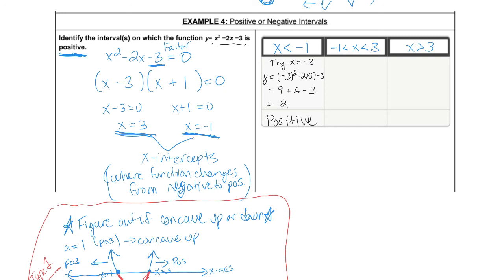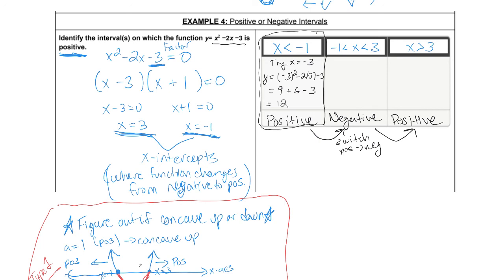And we know because it's a quadratic, each time it's going to switch from positive to negative. So our next interval is going to be negative, and then the next interval is going to be positive. We know that if we look back at this graph. So we can either solve by trying our first one.